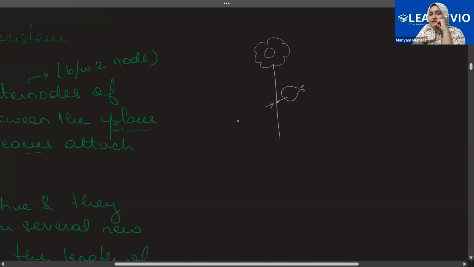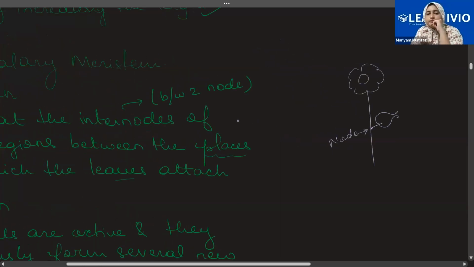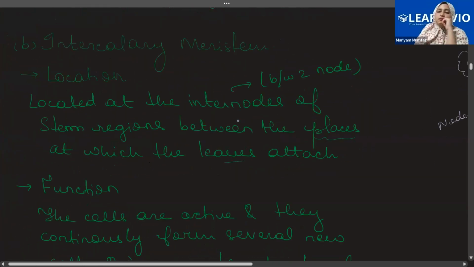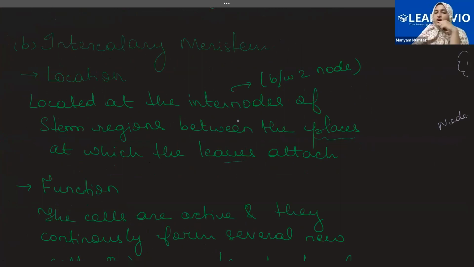This part is called the node, the part from where the leaves arise. Okay, students? Now, the place in between two nodes is called the internode. So, the stem region between the places at which the leaves attach, there the intercalary meristem is present.